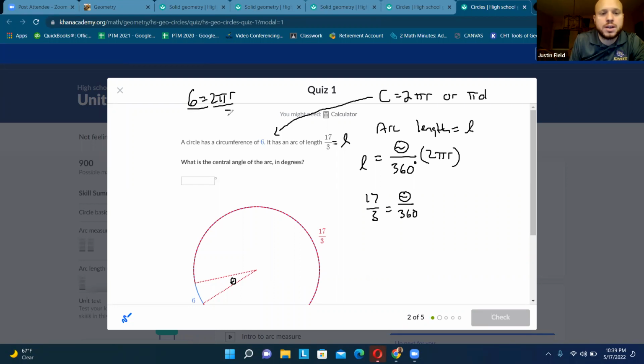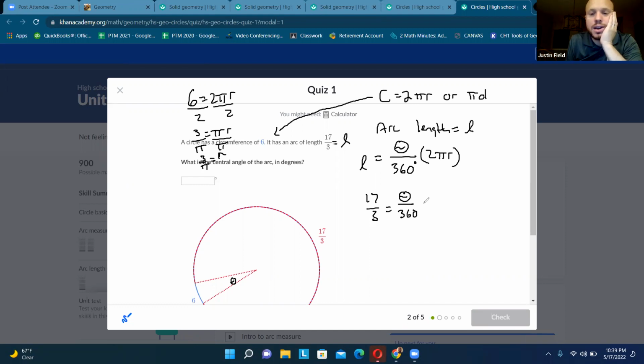Divide both sides by 2, and we get 3 equals pi r. Divide by pi, and we get r equals 3 over pi.